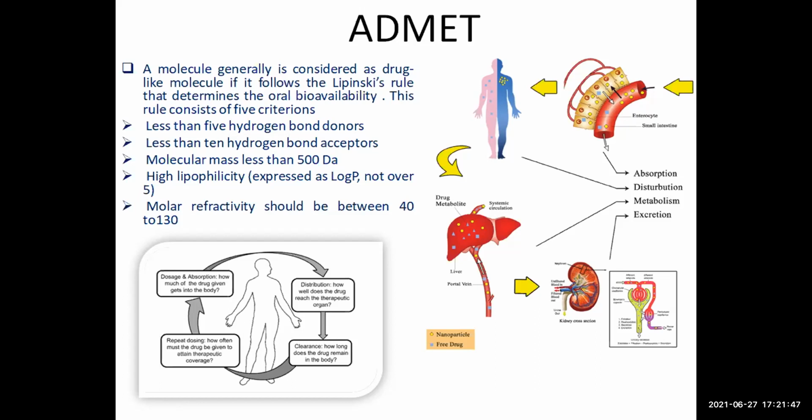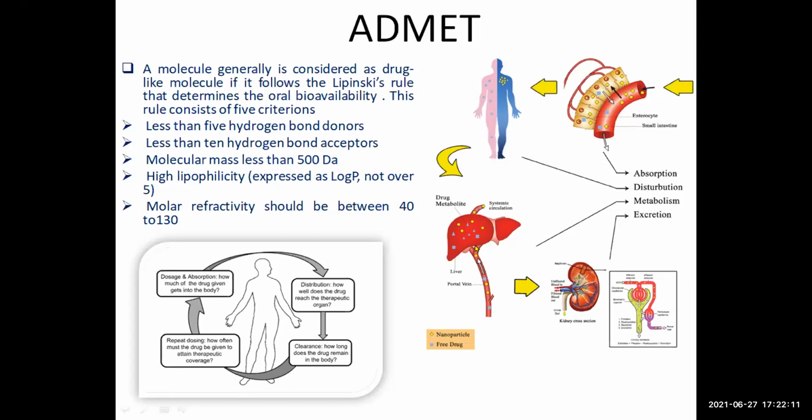In distribution, central nervous system permeability, CNS permeability, or even the blood-brain barrier are analyzed. And when we move on to metabolism, usually cytochrome is used as an indicator. So the level of cytochrome can be analyzed for the metabolism of the body.